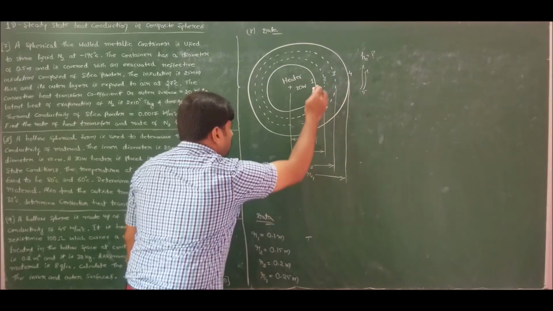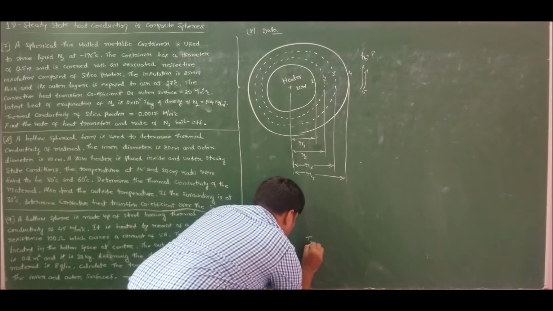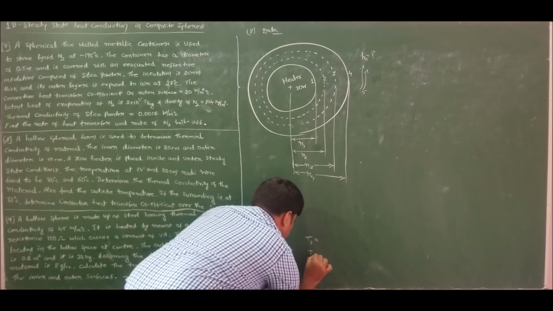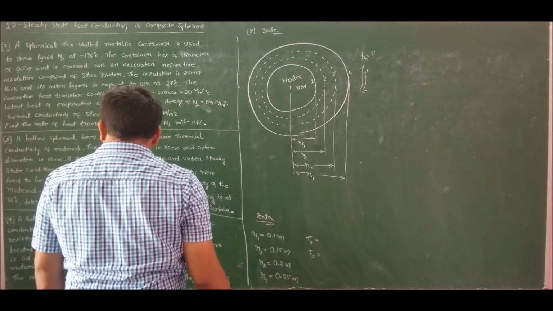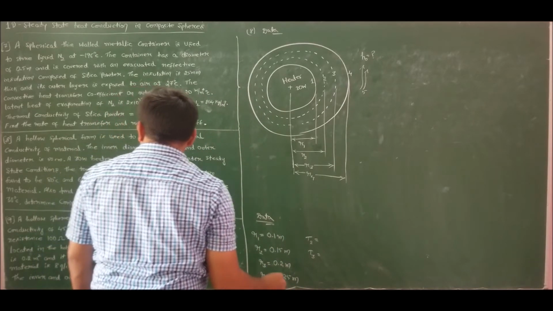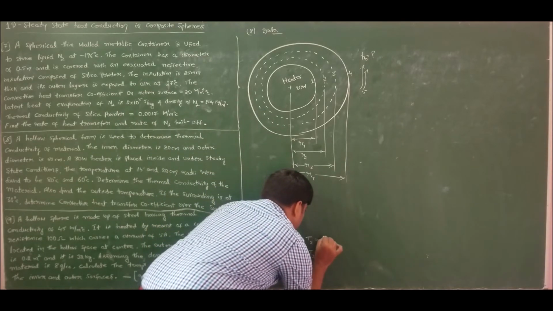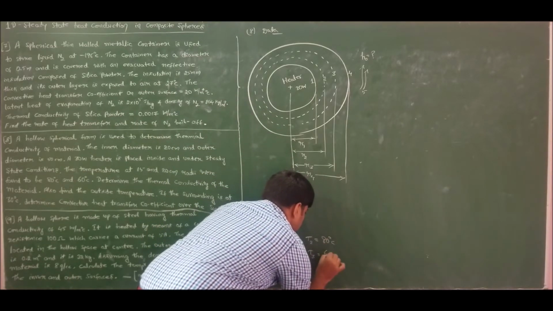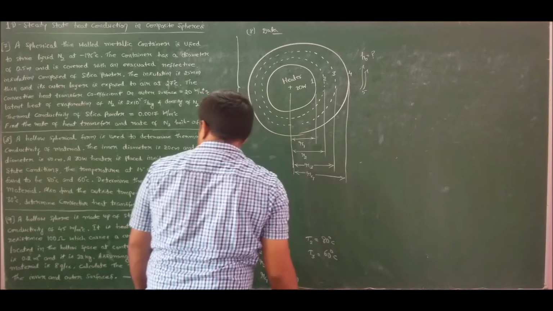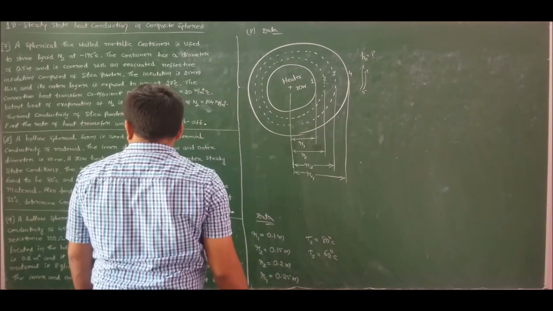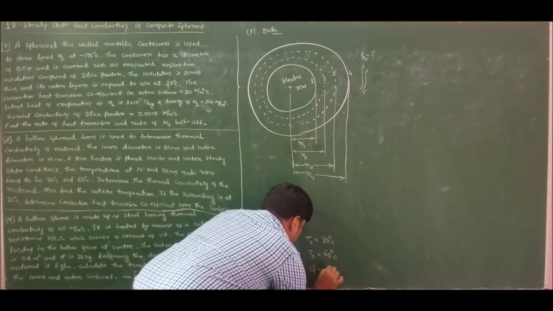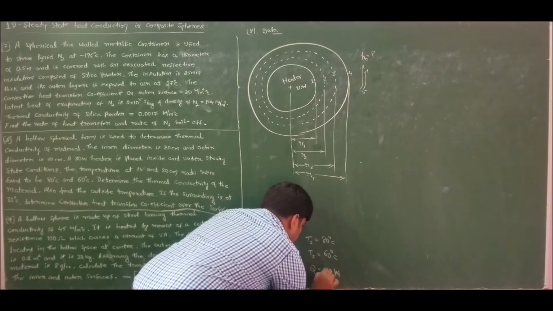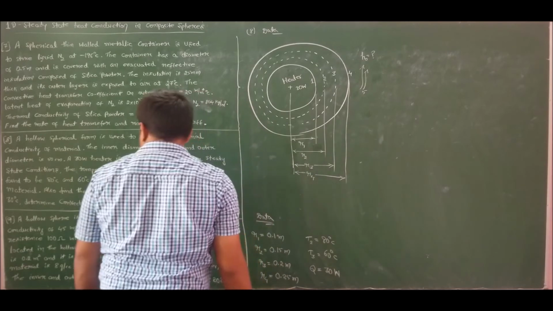That is, at state point 2 and 3, the temperatures T2 and T3 are given. The values of T2 and T3 are 80 degrees Celsius and 60 degrees Celsius respectively, and he has given the value of Q for us. Q is 30 watts.